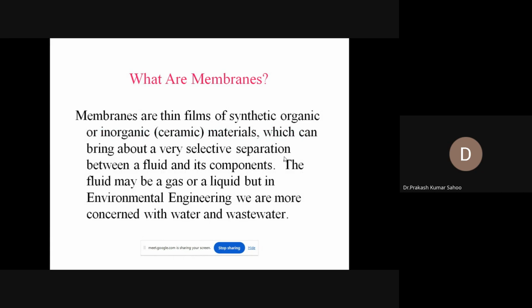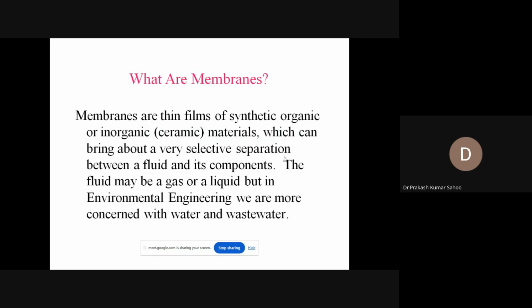So membranes are thin films of synthetic organic or inorganic ceramic materials which can bring about very selective separation between a fluid and its component. The fluid may be a gas or a liquid, but in environmental engineering we are more concerned with water and wastewater.